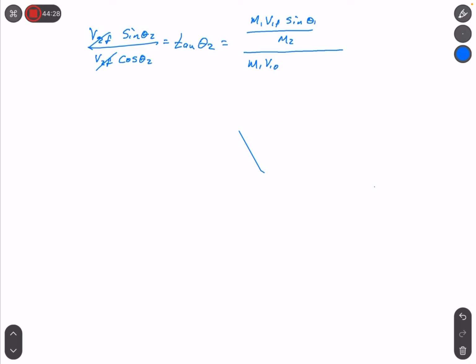M1 V10 minus M1 V1 final cosine of theta 1, all over M2.